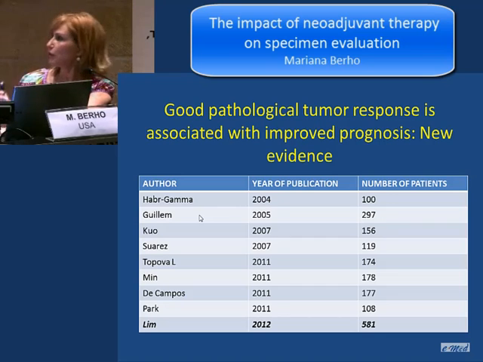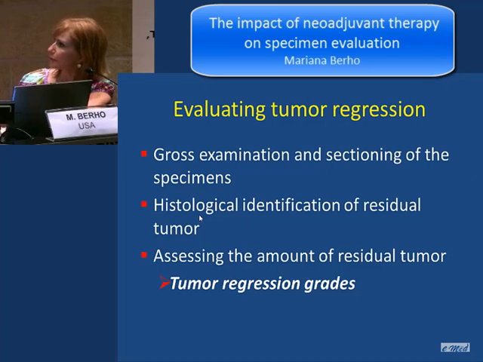So my point here is that trying to assess the tumor regression is not a minor issue, it's a big issue, and that is where your pathologist is going to come into place to assess that.